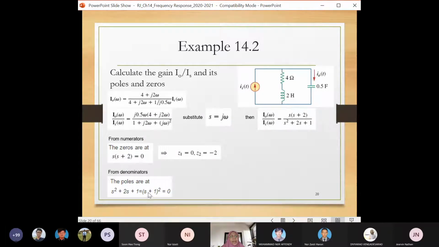So when s is equal to negative 1, negative 1 plus 1 is 0, and 0 squared is 0. So you have a double value: s at negative 1 is the pole of the transfer function. So here you have a double pole.